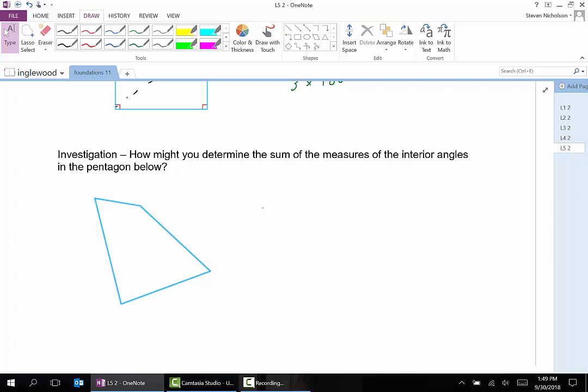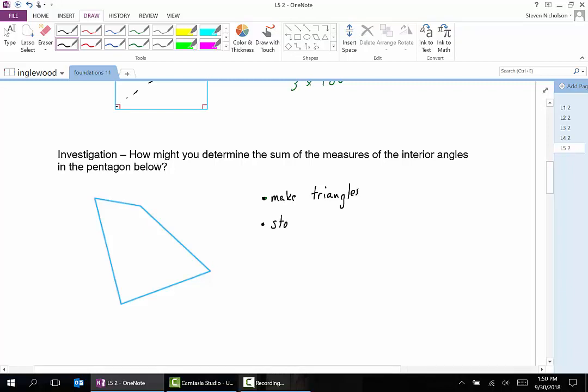Okay, so one of the things that you might have done is you might have went ahead with the idea that you did above, and you might have made triangles. And as long as we know how to make those triangles, then it's a pretty straightforward exercise. And this is what the ancient mathematicians did. They relied on triangles.